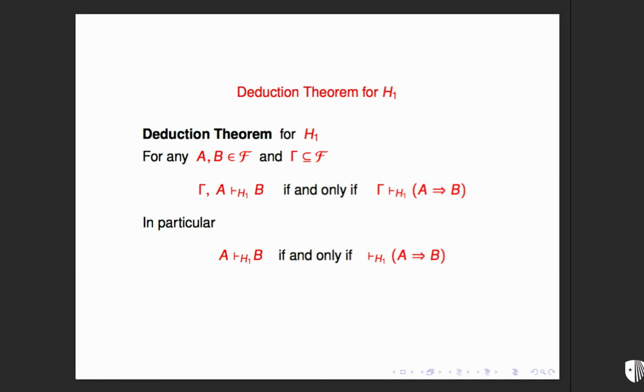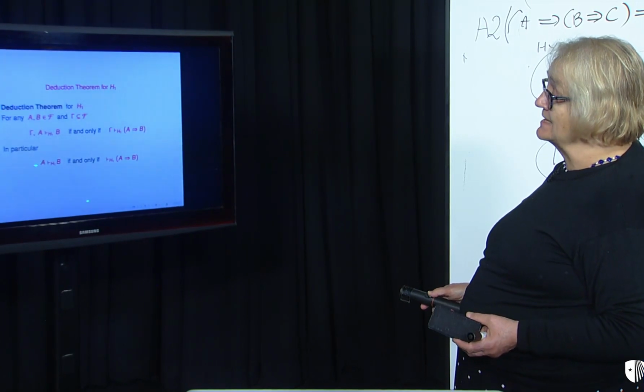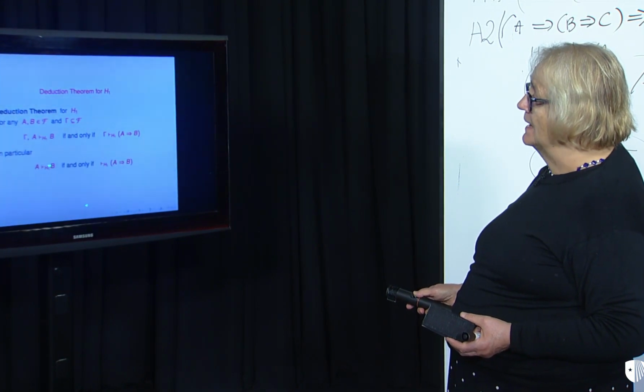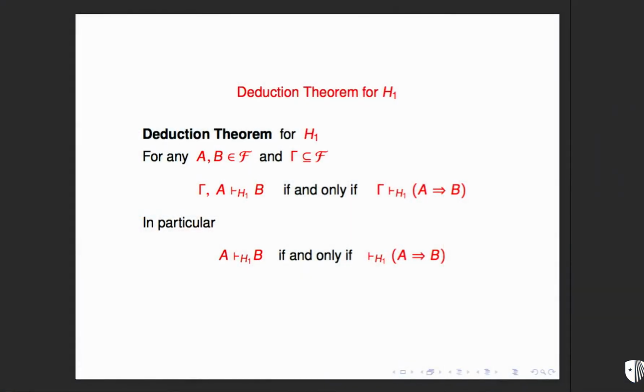And the deduction theorem, which I'm going to prove, means that if I have a proof using some formulas gamma and A, and I get B, that happens if and only if gamma proves A implies B. In particular, when gamma is empty, it says that I can prove B from A in the system if and only if I can prove A implies B. Here, gamma empty means that you have only logical axioms.